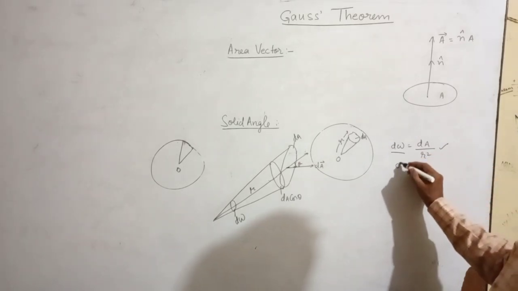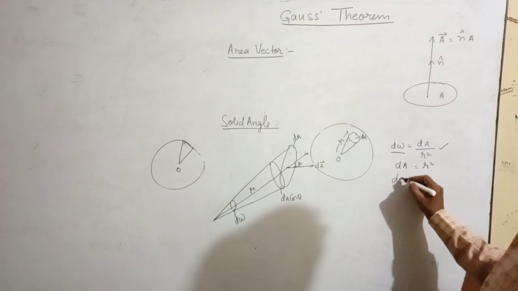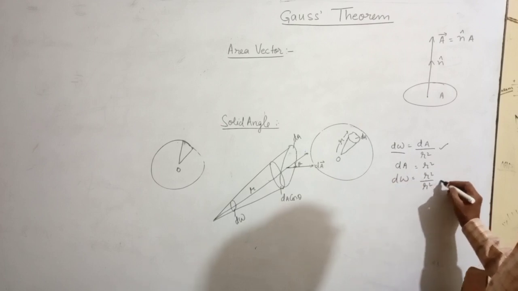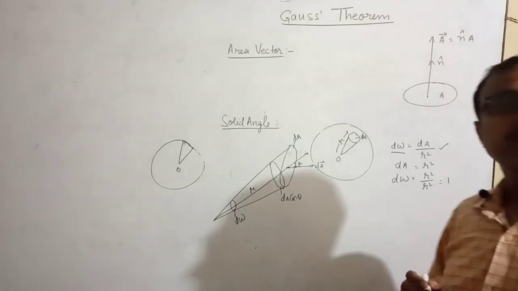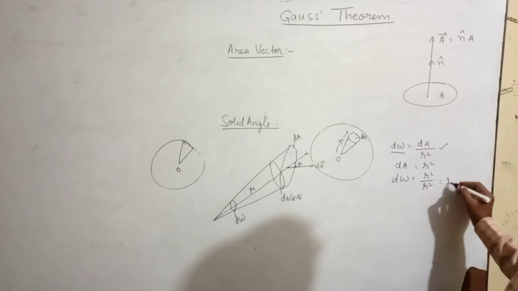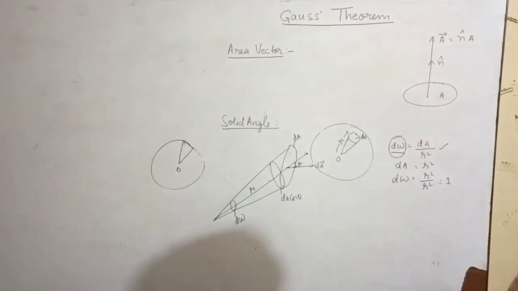As you know, if dA becomes equal to r square, then d omega becomes r square upon r square, which means 1. What is the meaning of 1? This is the unit. The unit of solid angle is steradian.